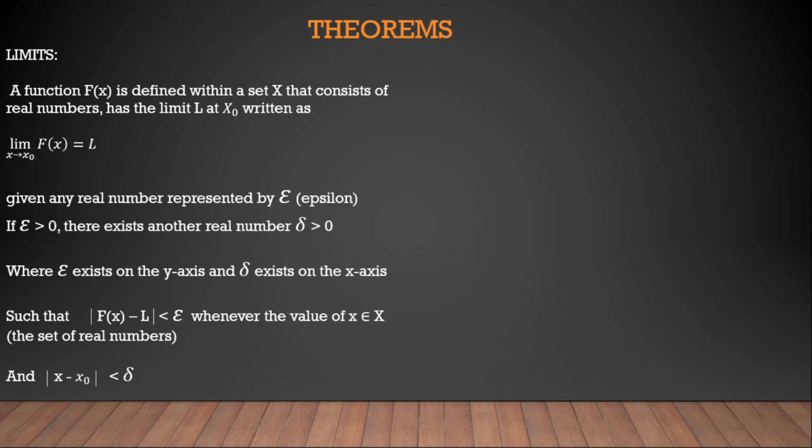So the definition of a limit: a function f of x is defined within a set X that consists of real numbers and has the limit L at x naught, written as the limit as x approaches x naught of f of x is equal to L. A few things here before we proceed into all these other definitions.